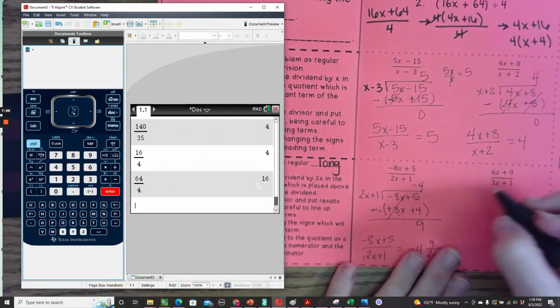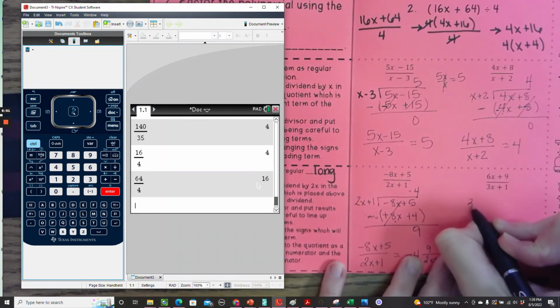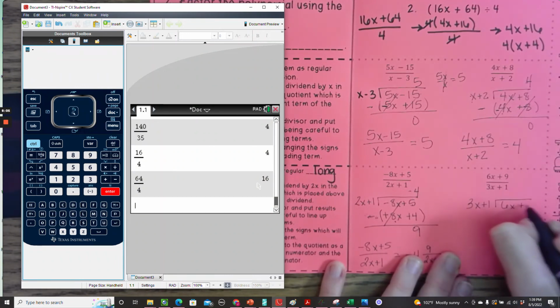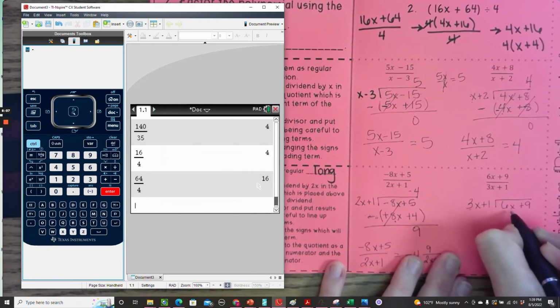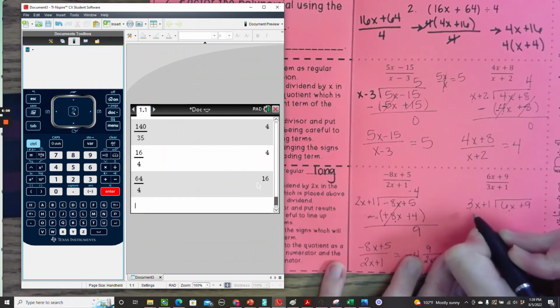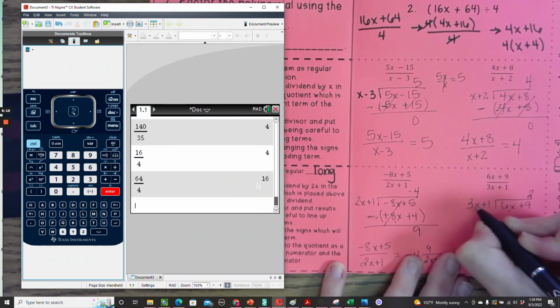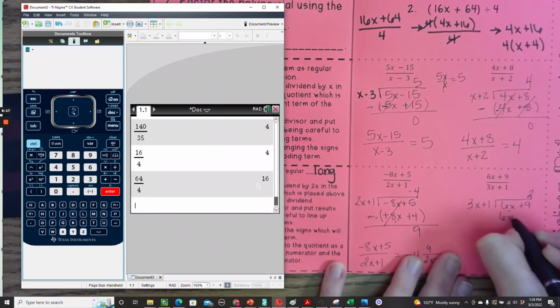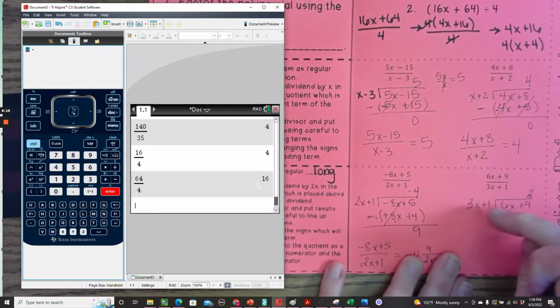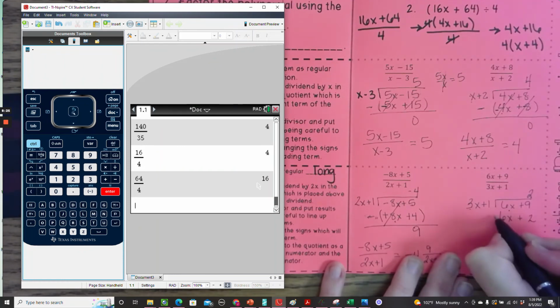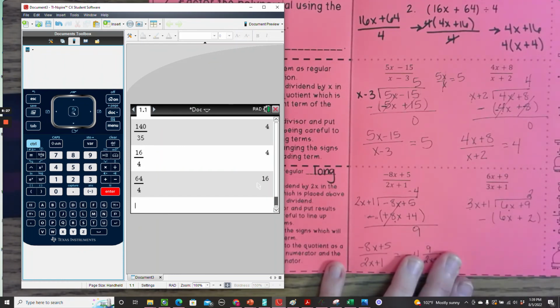One more. Top in, bottom out. 3x times what gives me 6x? A 2. Multiply it out. 2 times 3x gives me 6x. 2 times 1 gives me a positive 2. Subtract the entire thing.